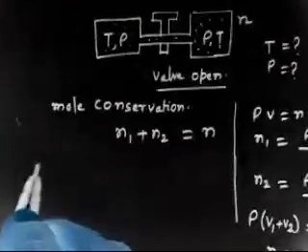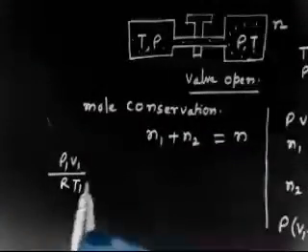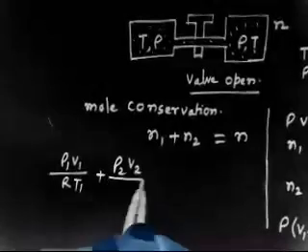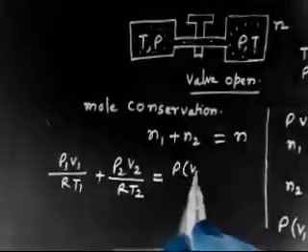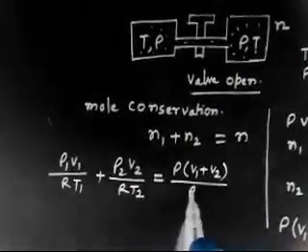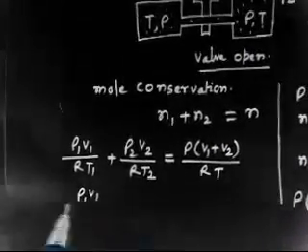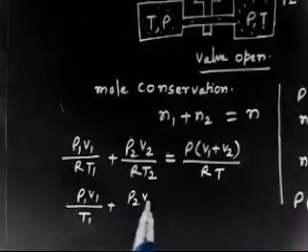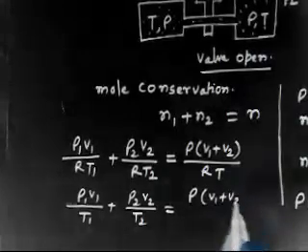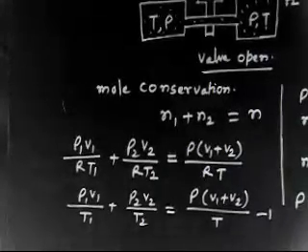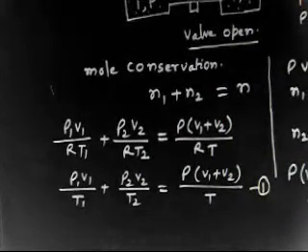So I can copy here P1 V1 by R T1 plus P2 V2 by R T2 equals P into V1 plus V2 divided by R into T. Now R goes out, so we will have P1 V1 by T1 plus P2 V2 by T2 equals P into V1 plus V2 by T. So this is my equation number 1. I have two unknowns, P and T, and only one equation. From where will we get the second equation?